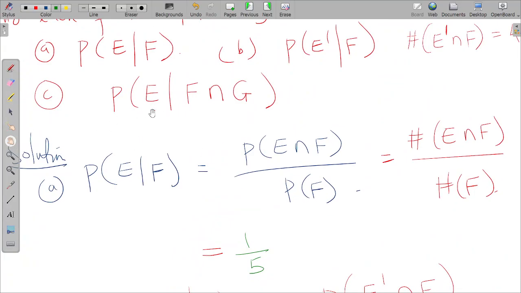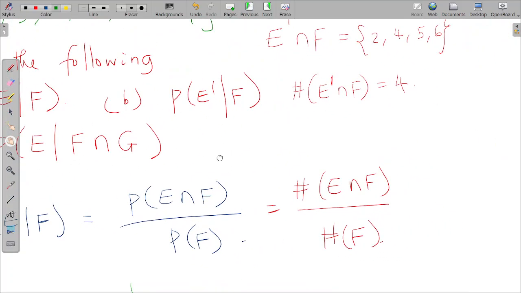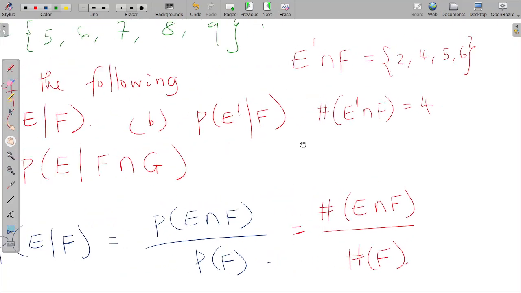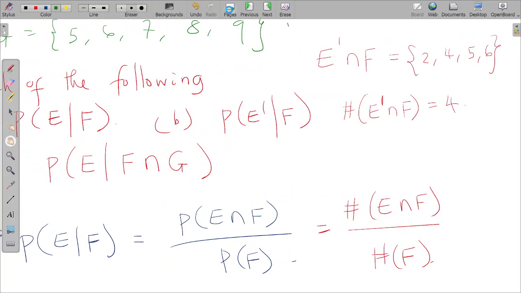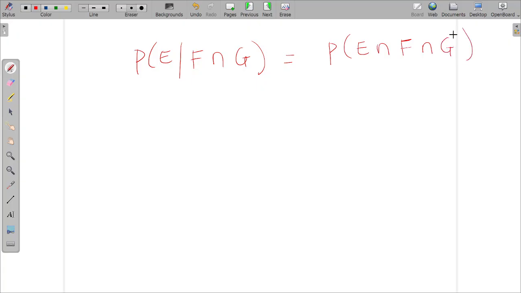We want to find the probability of E given F intersect G. So we need to find F intersect G, and then find E given F intersect G. Using the formula, this will be the probability of E intersect F intersect G. If you like, you can write this in brackets so that you know E is standing alone from them.